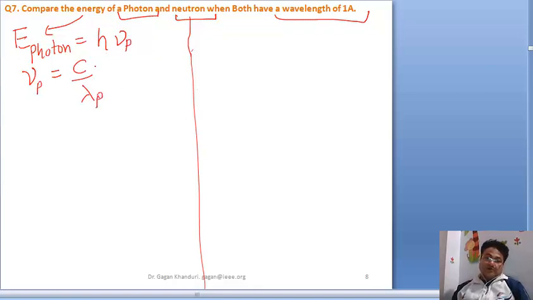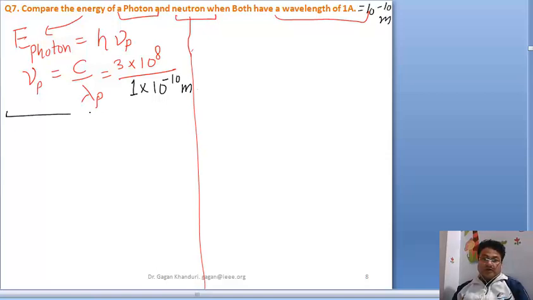C is 3 into 10 to power 8 and lambda p is given as 1 angstrom, that is 1 into 10 raised to power minus 10 meters. Whatever we knew, we have written it here.